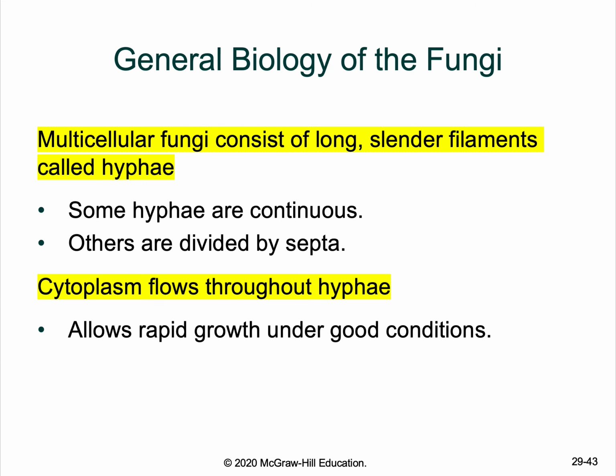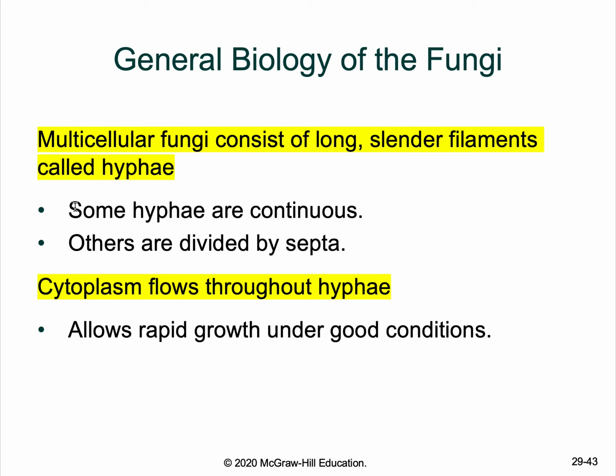Okay. General biology of fungi. They're multicellular, but they also can be unicellular. I'm not sure why they have that, but it could be multicellular or unicellular. If it is multicellular, they have these long filaments called hyphae, and I have a picture somewhere showing it. I think it's in the next slide.